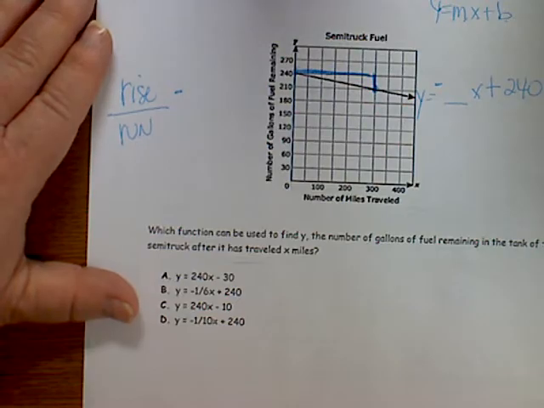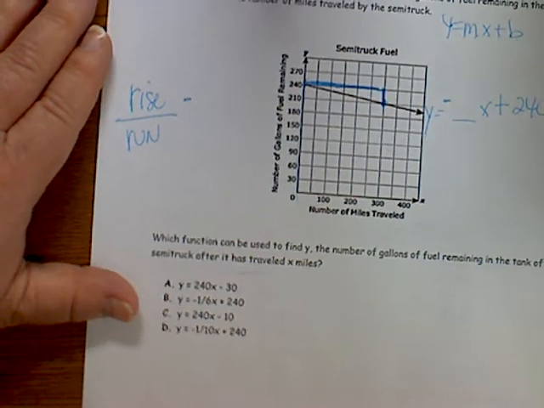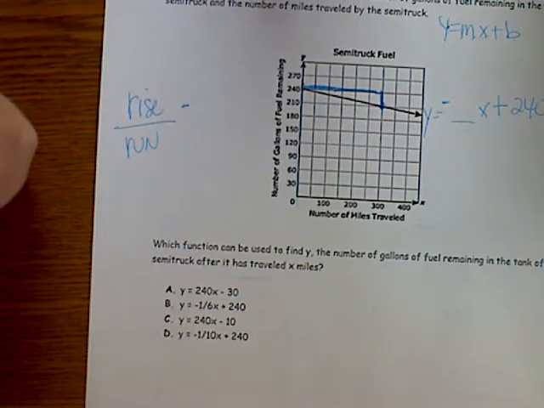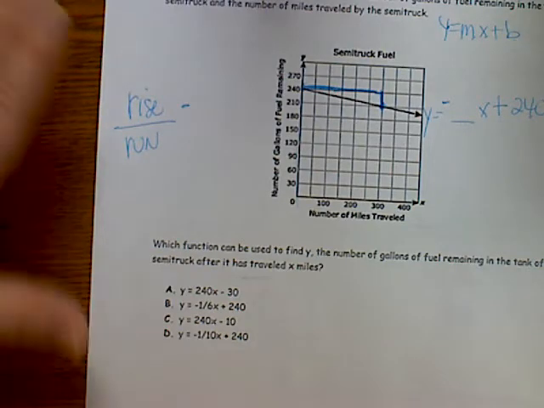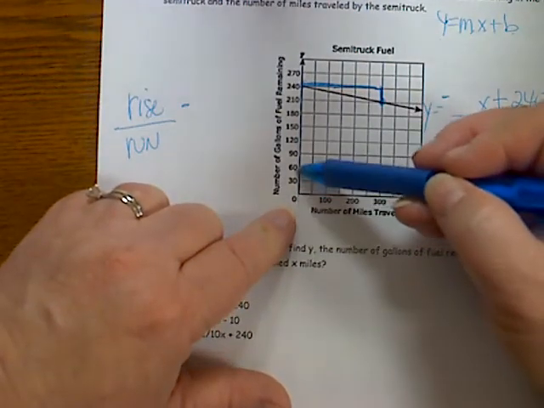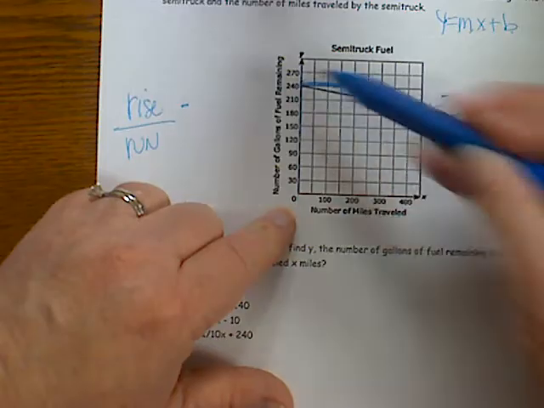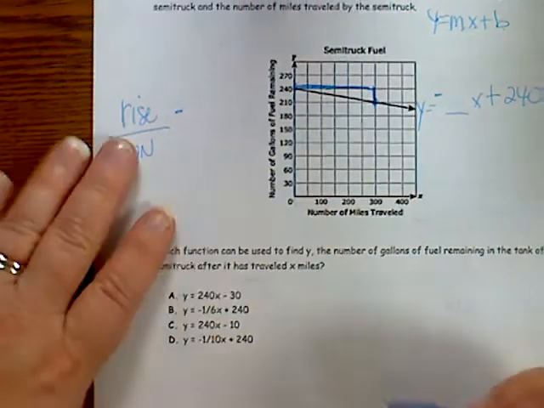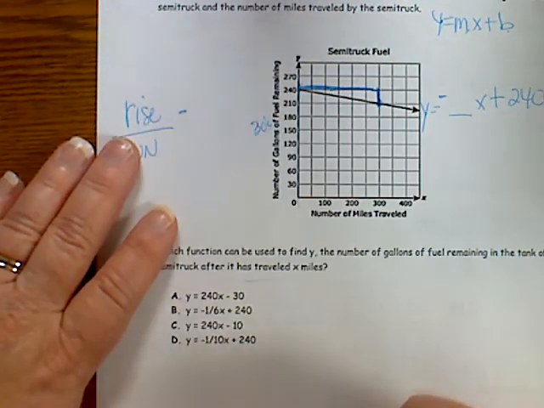Okay? Now, remember, I've always said, first off, when you're doing slope on a graph, you have to decide whether it's negative or positive. The second thing you need to make sure is, what are your intervals? Well, let's see. Going this way, it's pretty obvious that I'm counting by 30s, isn't it? So these are 30s going up.